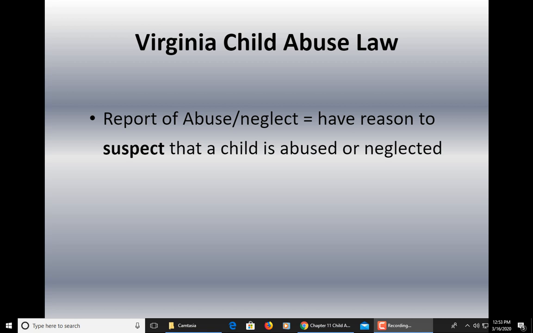How many cases of child abuse never ever get reported because people aren't sure that the abuse is occurring and they don't want to get someone in trouble? The burden is just so low, and there's no liability for a call if it's not done maliciously. All you need is suspicion. Let the experts who are trained in child abuse determine whether your suspicions are warranted or not. All you need as a reporter is, if you suspect child abuse, then report it.